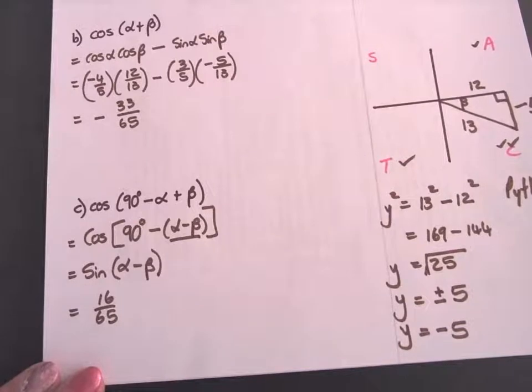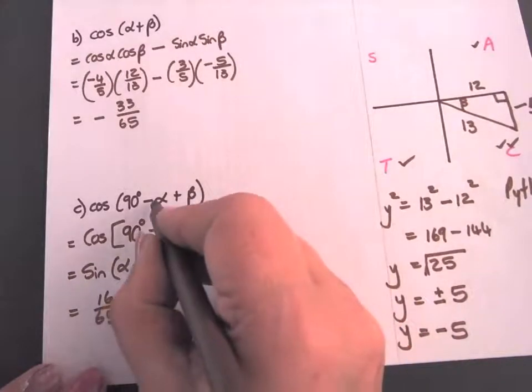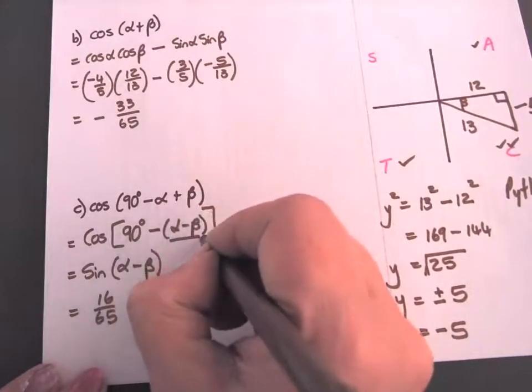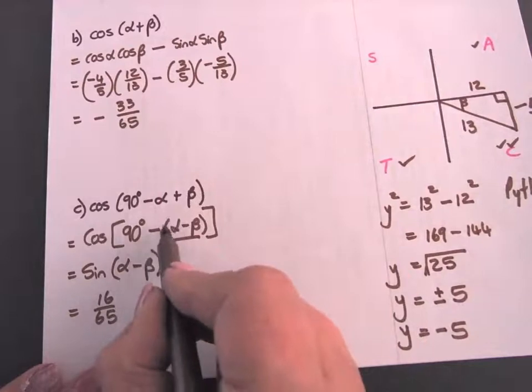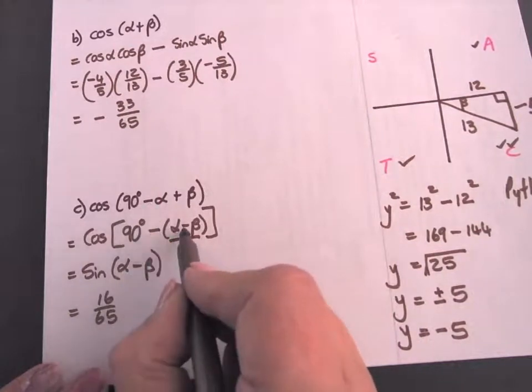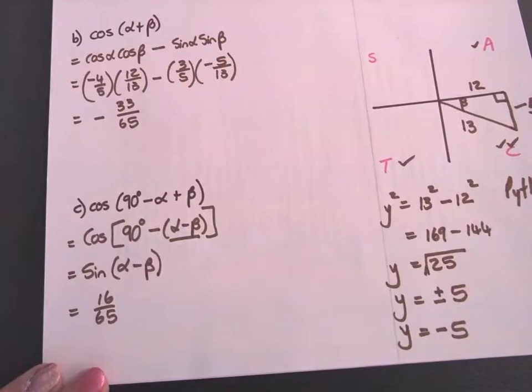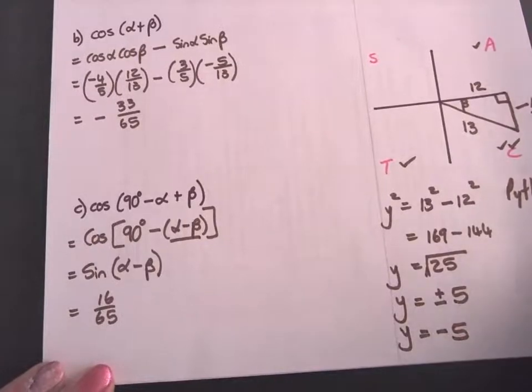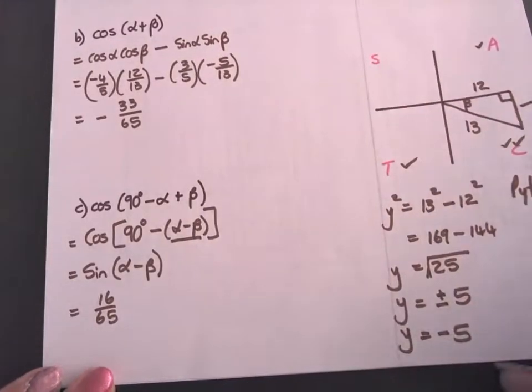Why did the alpha and the beta go from plus to minus? Okay, I took out the minus and I put them in brackets. So minus times a plus gives me a minus, and the minus times a minus gives me a plus. Okay. Any questions on this example? The next 2 or 3 examples are not in your notes, so you have to copy them.